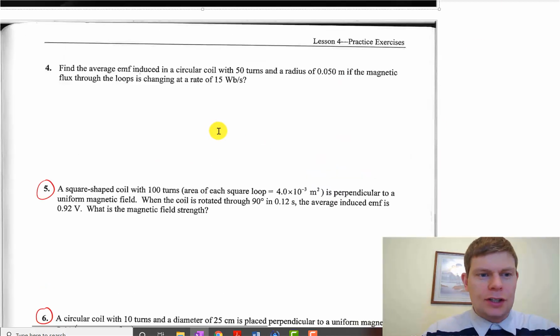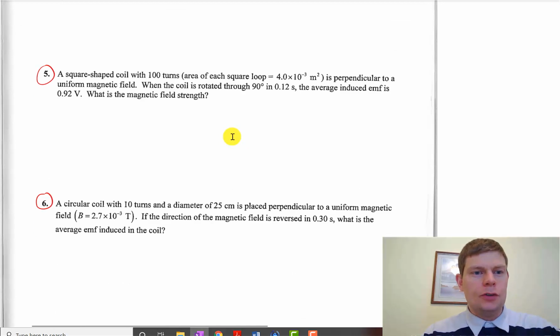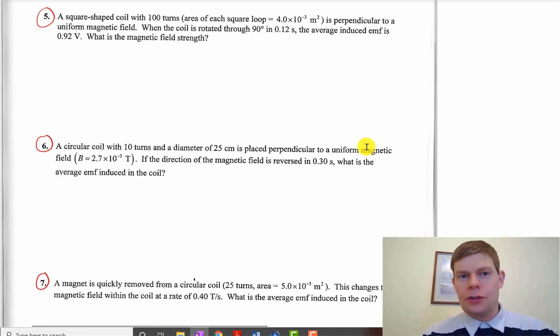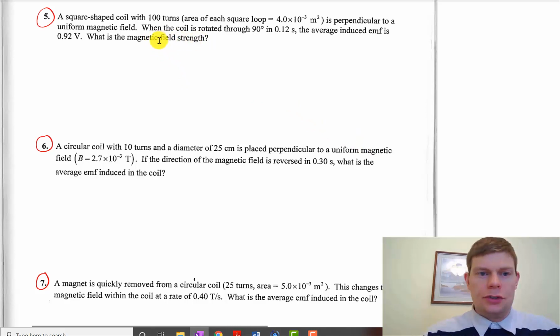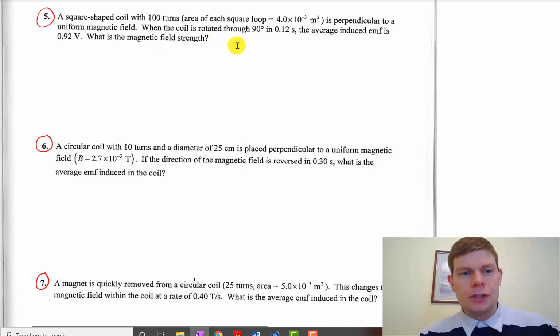Let's try the next one. We've got a square-shaped coil with 100 turns. The only reason I chose this one is because you're looking for magnetic field strength instead of the usual. So it's the same thing, but we're rearranging the formula.